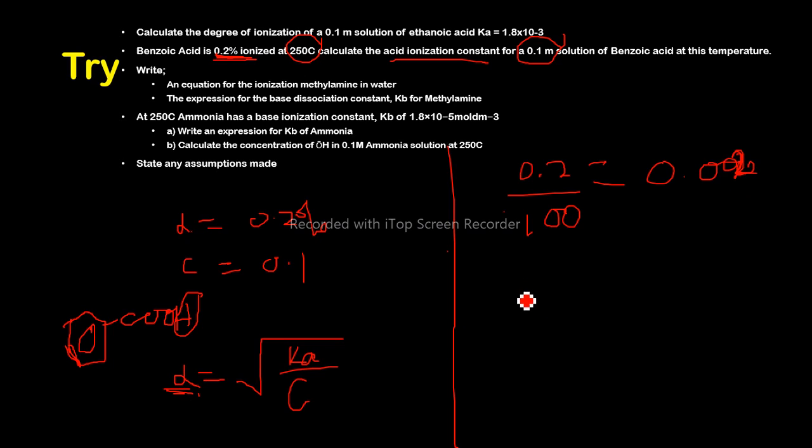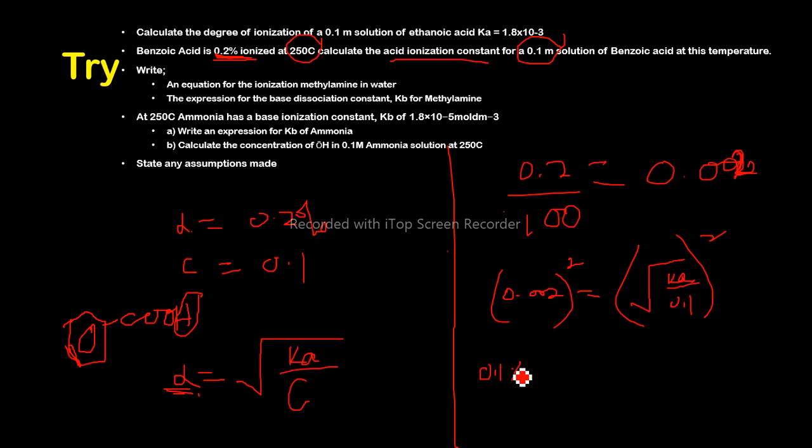If we substitute, 0.002 should be equal to the square root of Ka divided by C, which is 0.1. If we square here and then multiply, it will be 0.1 times 0.002 squared.